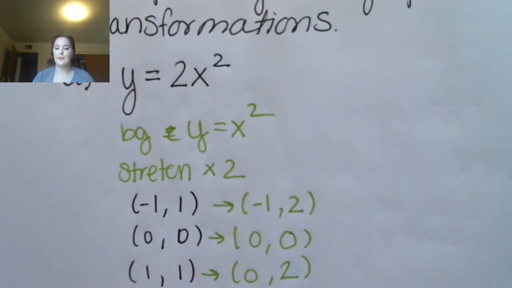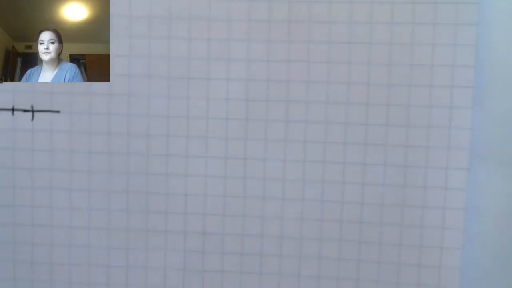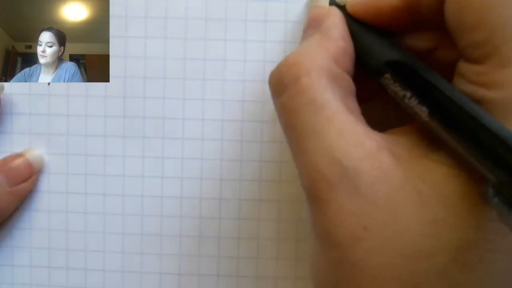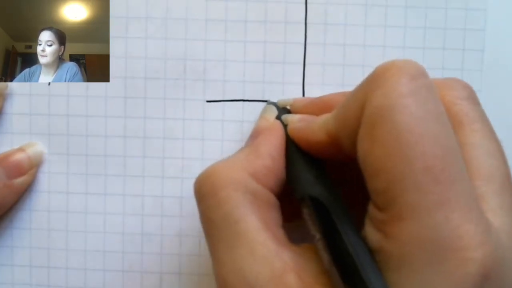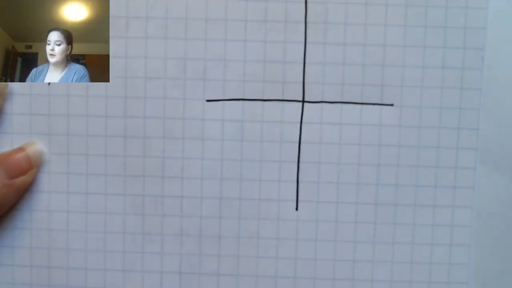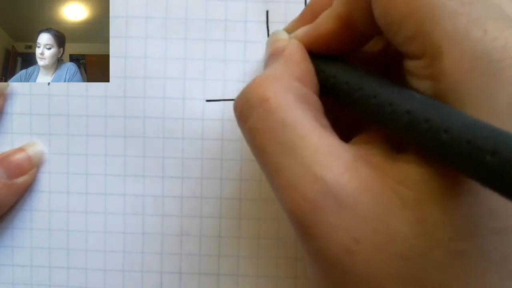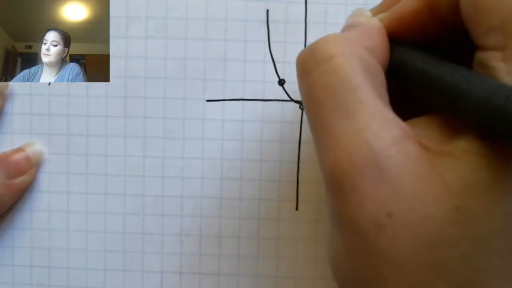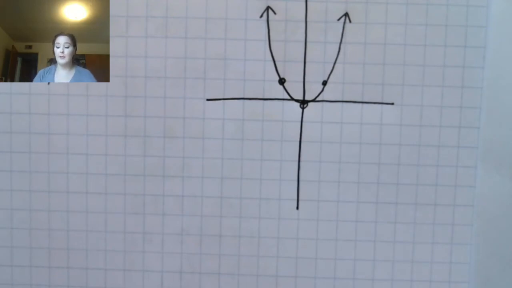Okay, so let's look at our graph. Here's my base graph, and then I'm going to mark my new key points.